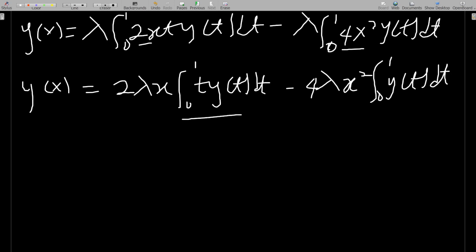So therefore this is only an integral of a function of t, and it's a definite integral, so we'll get a constant definitely.